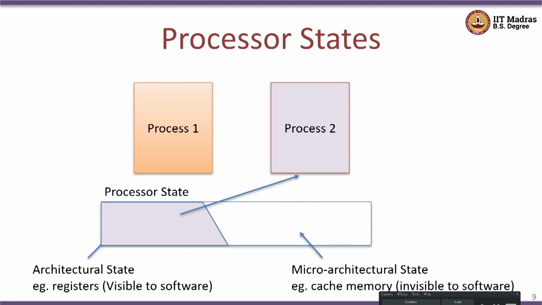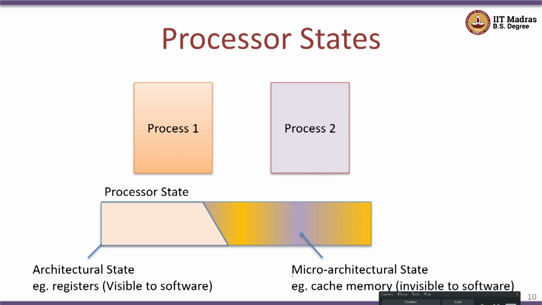So, these registers are stored, and the corresponding registers of process 2 are loaded so as to enable process 2 to execute. The invisible state, or the microarchitectural state, is not affected when switching from process 1 to process 2.